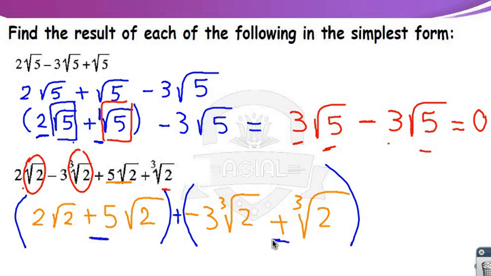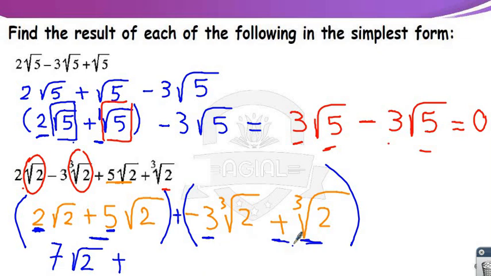Here we have 2 plus 5, it will be 7. We will add these coefficients, 2 and 5, it will be 7. We put the square root, so it is 7 square root of 2, plus, here we have minus 3 cube root of 2 plus cube root of 2. So here we have minus 3 and positive 1.